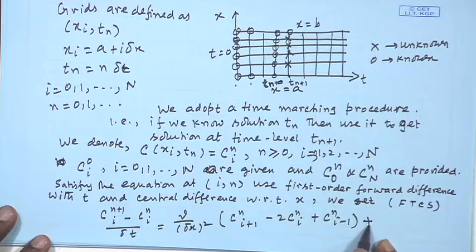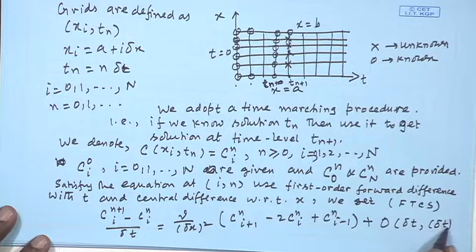Obviously, one can show very easily that the truncation error is first order in time and second order in x.